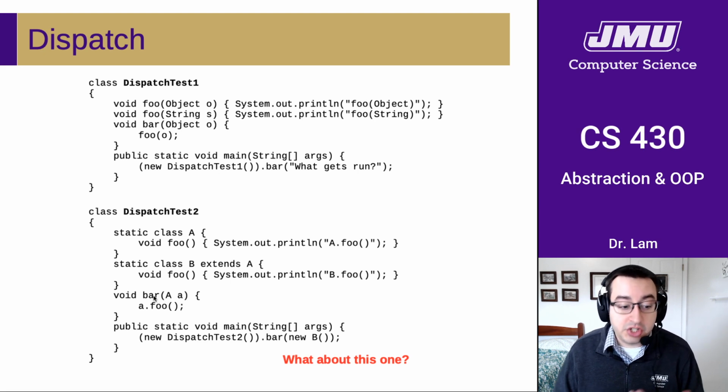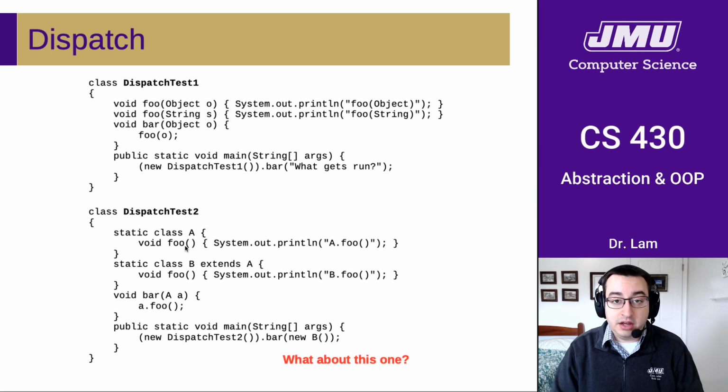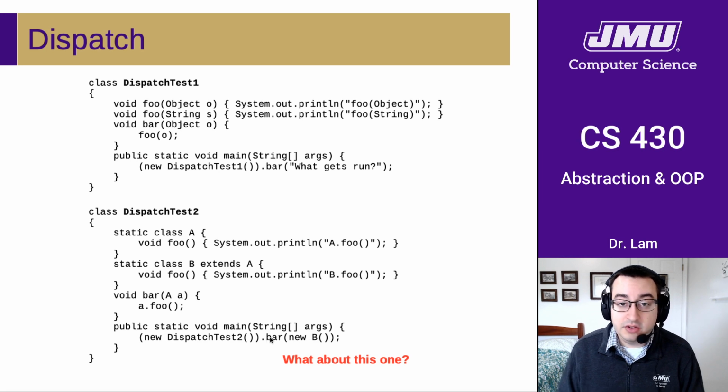Then we have another function bar, which takes an A, a big A, and calls foo on it. This is a similar setup, but now we're using inheritance, and we are calling a method called foo that is inside of these classes. So we create an instance of B and we pass that to bar.